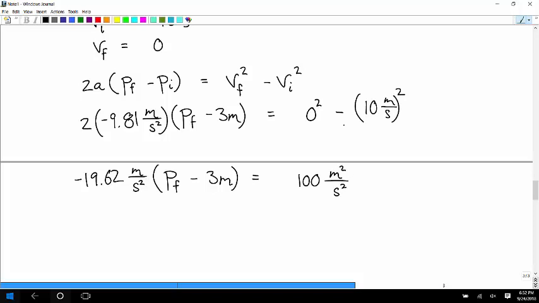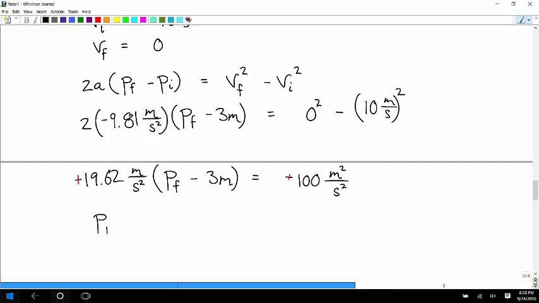And then the negative is outside the parentheses, so that's still there. Right now, we might as well just multiply both things by -1, get rid of the sign. And then I guess now I'll divide both sides by 19.62 meters per second squared.